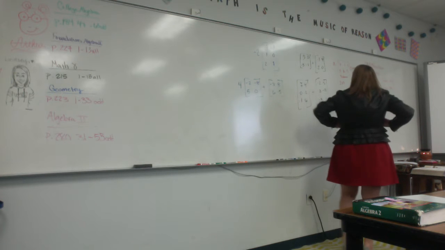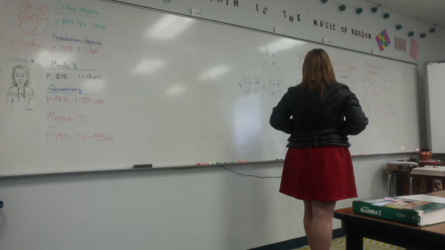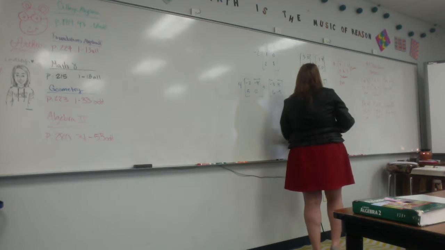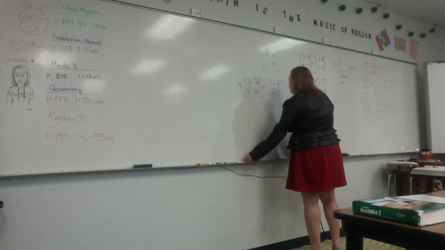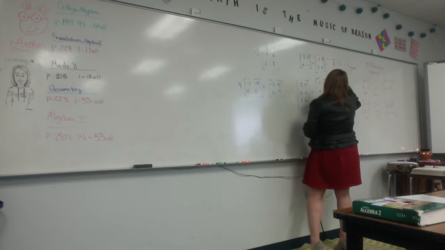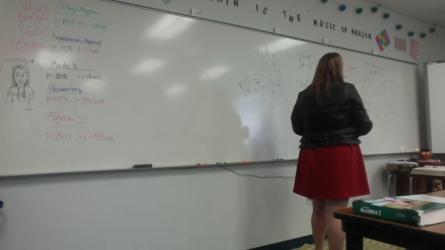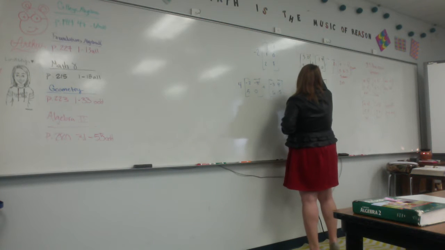So here you are given a few matrices. One's addition, one's subtraction. How would I go about solving this matrix right here? You just combine them. You do 3 minus negative 1?